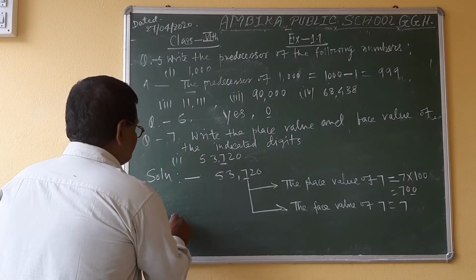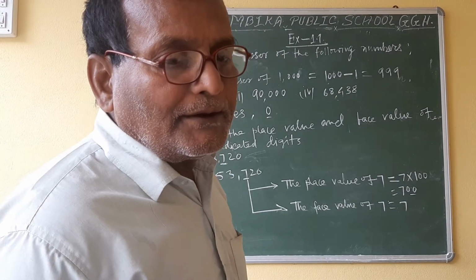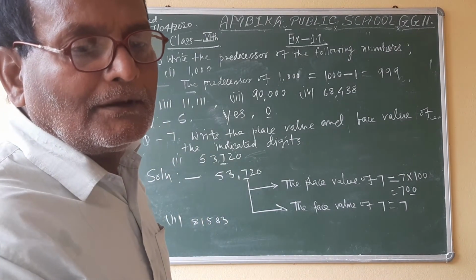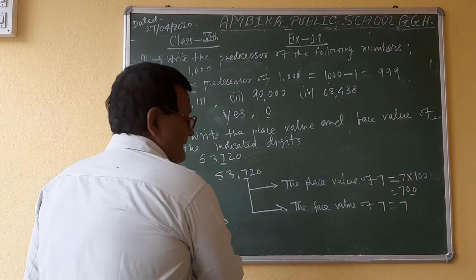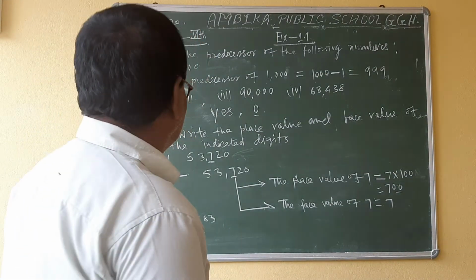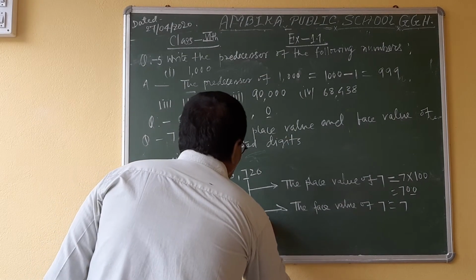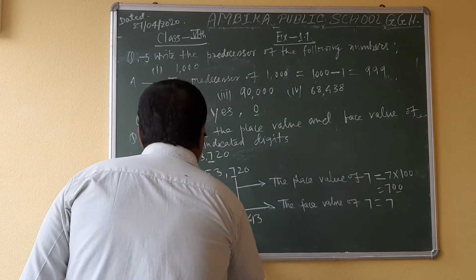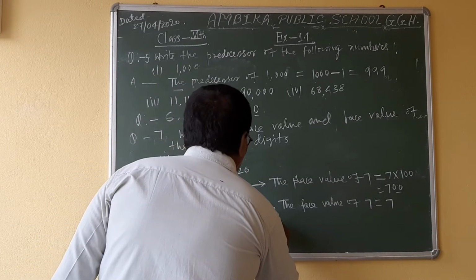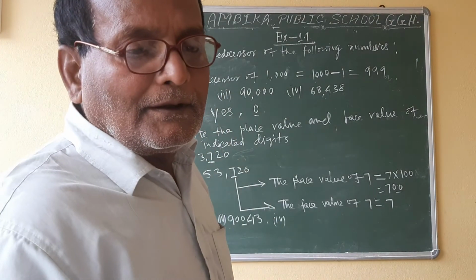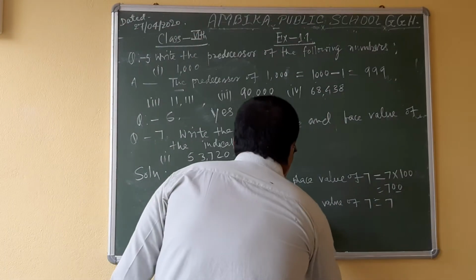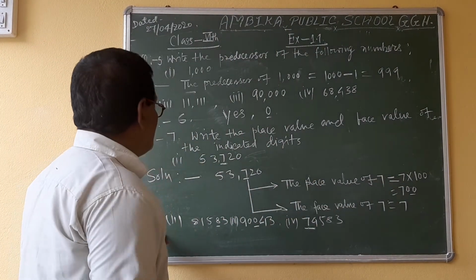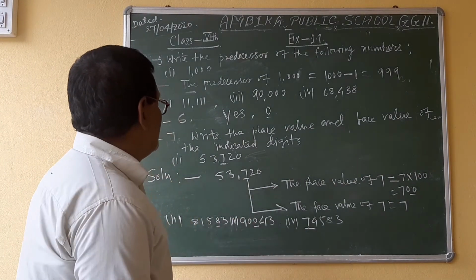Next question is 81,583, and then 74583. The 2, 3, 4 number questions you will solve.